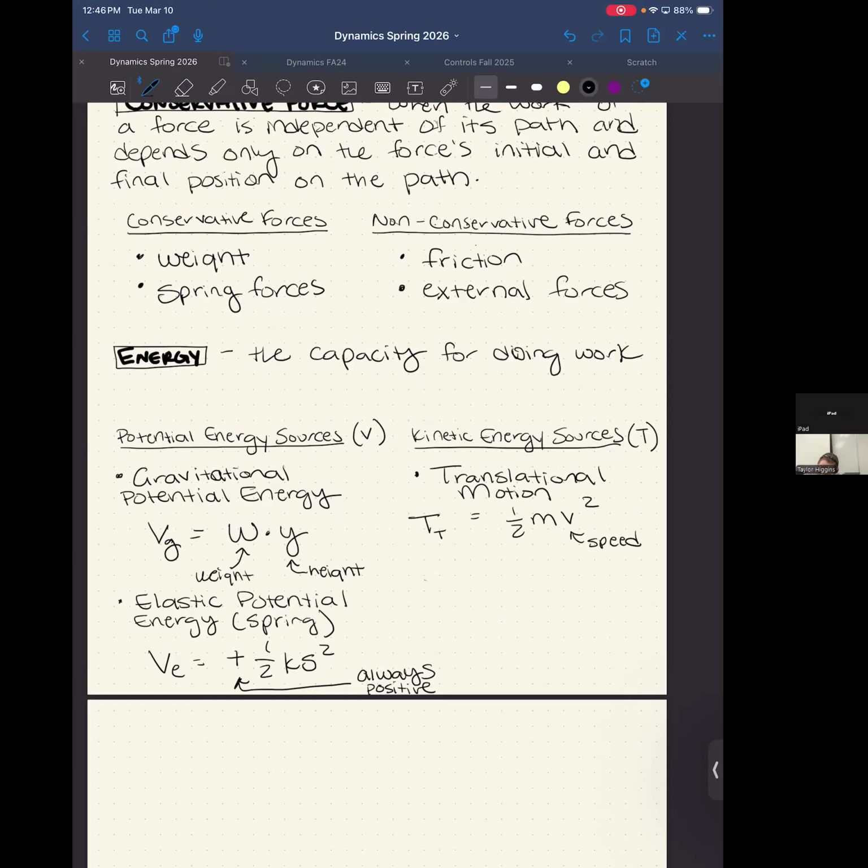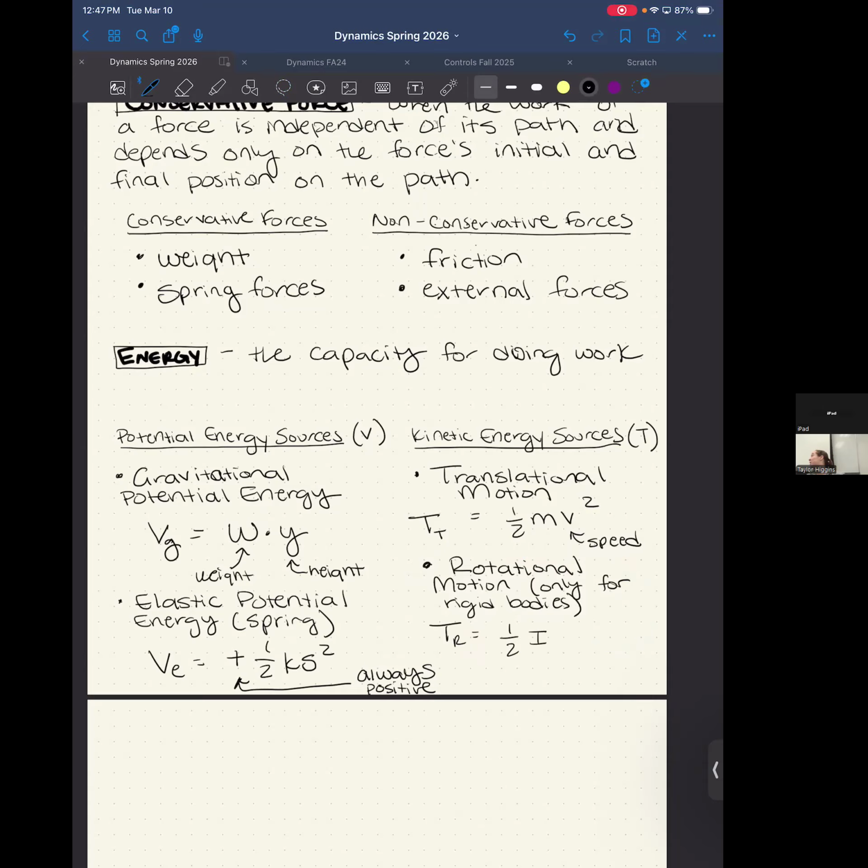And then next class, we're going to learn about rotational kinetic energy due to rotational motion. And this one is only for rigid bodies. Okay, so kinetic energy due to rotation is equal to 1/2 I. What do you think it is?